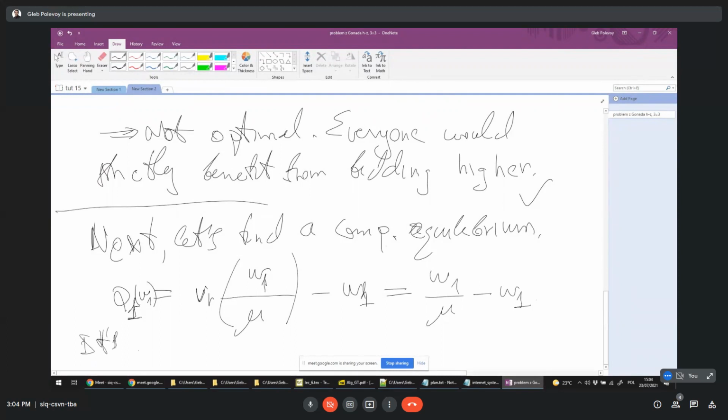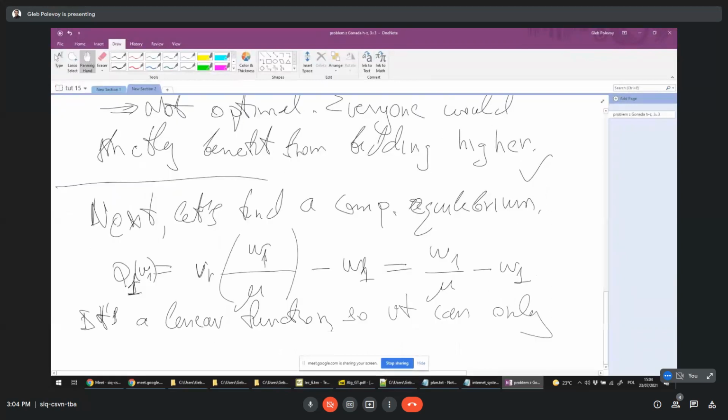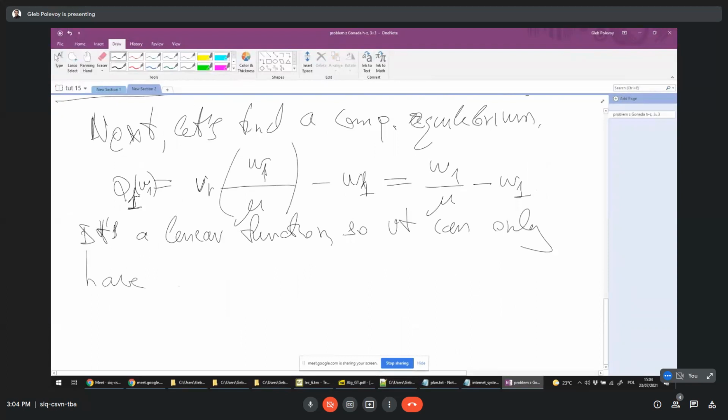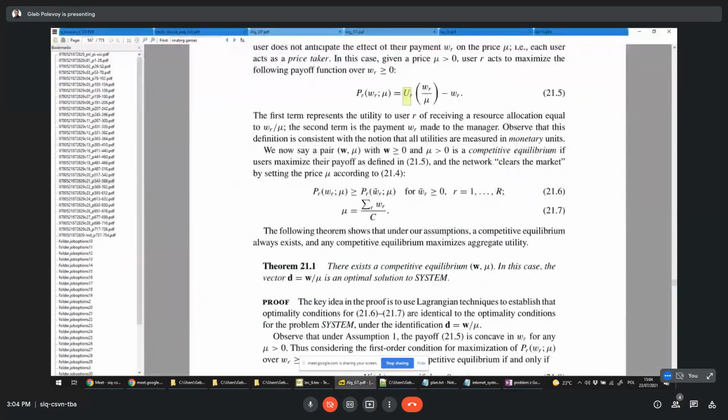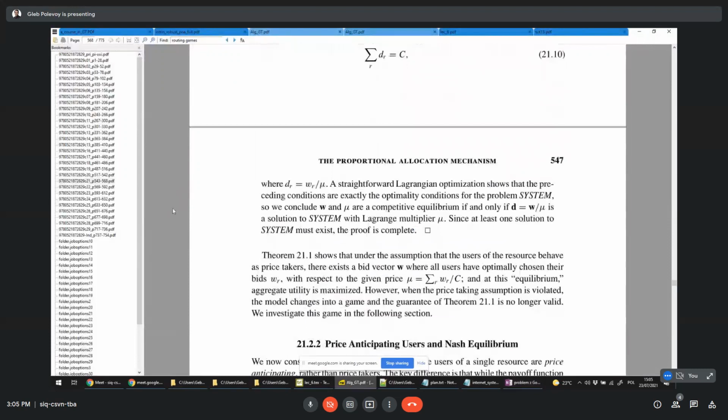Since it's a linear function, it can have an optimum only if either W1 is equal to 0, and we know that's not the case, because we already saw at some point it's not a good idea for us.